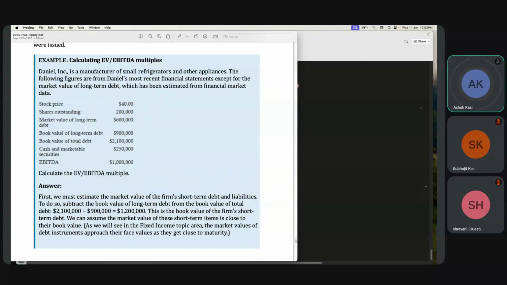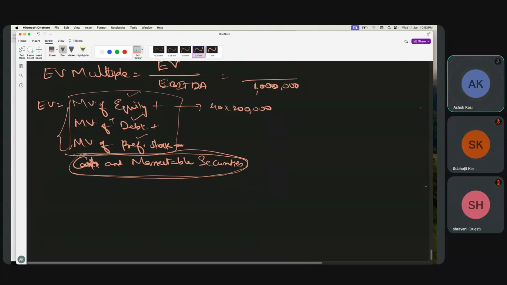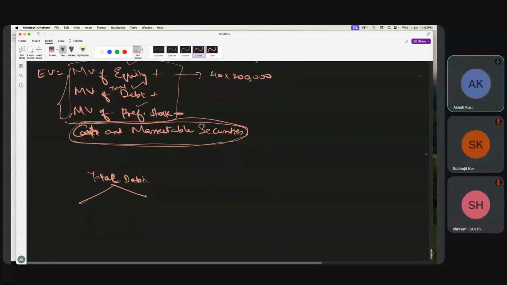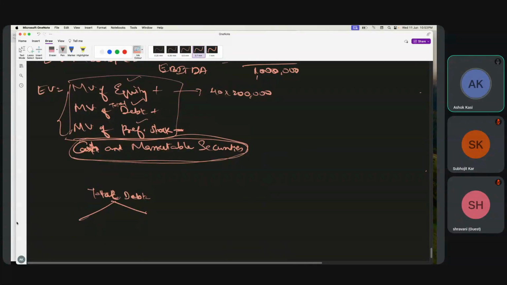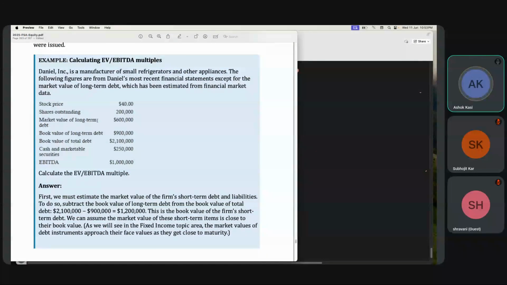Here you see market value. When I say market value of debt, it means total debt. So in this total debt, book value of total debt is 2.1.